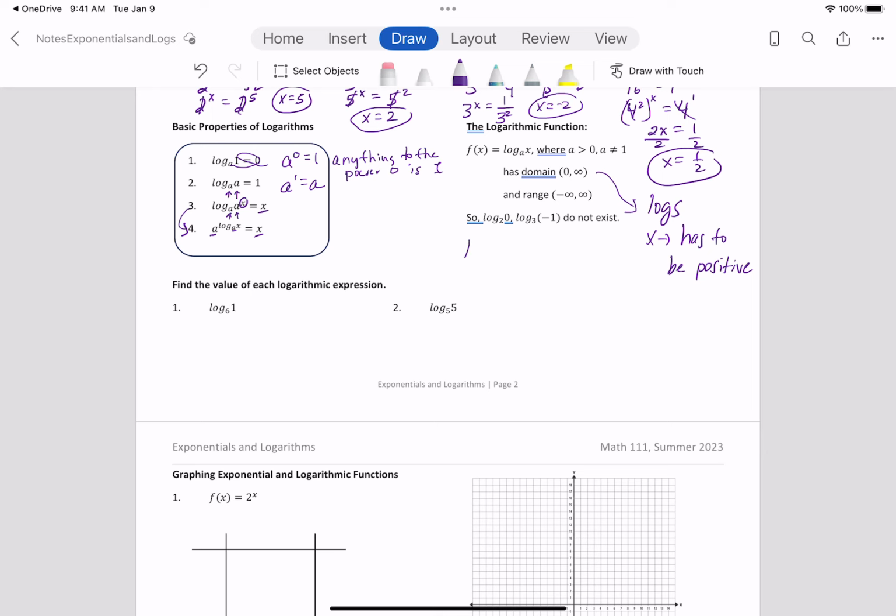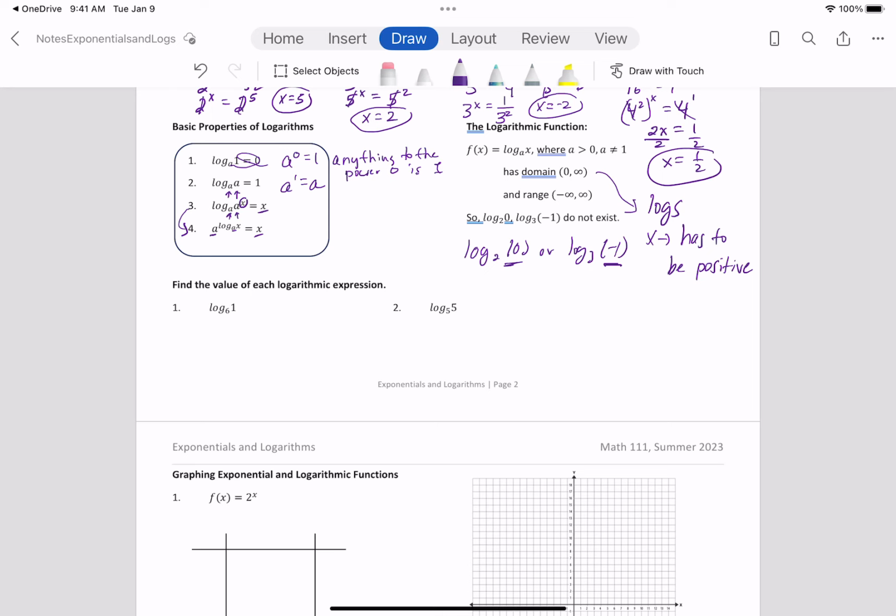So things like having log base 2 of 0 or log base 3 of -1, those are things that do not exist. You can only have numbers here that are positive. And if you tried to enter those into a calculator, which a calculator won't do log base 2 or log base 3, but if you did try to do those, you would see that you get a domain error.